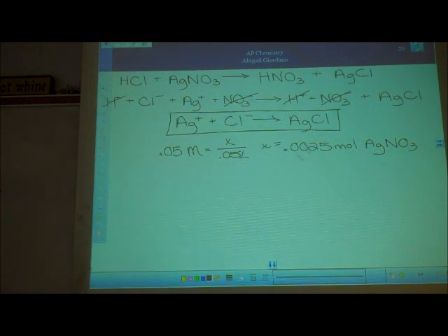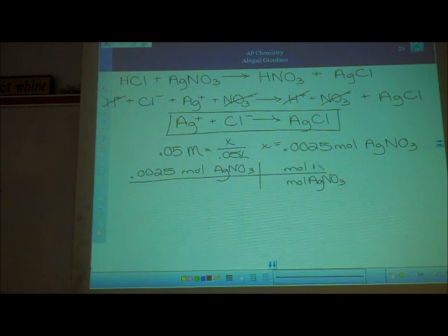Some of you did this in Chem 1, some of you did not. You've got to get it into units that you can work with. AgNO3 is not in my equation.